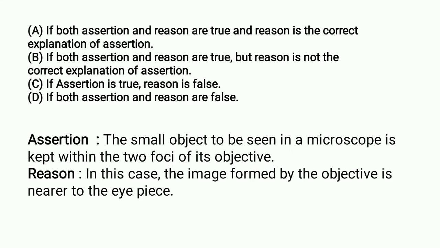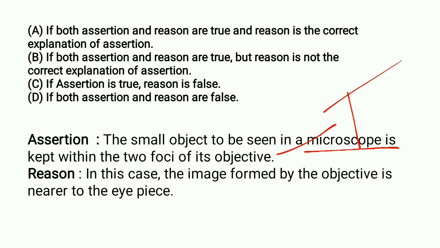Next question. Assertion: the small object to be seen in a microscope is kept within the two foci of its objective, right? So the small object to be seen in a microscope is within the two foci of the objective. Okay, it is true, right?